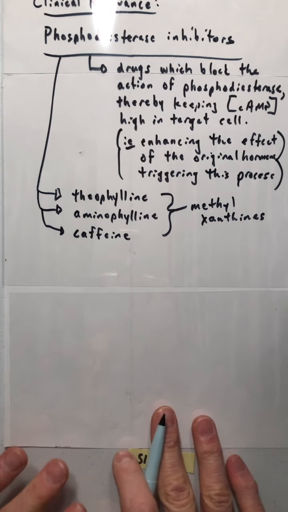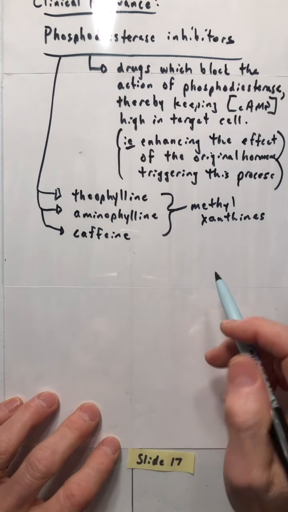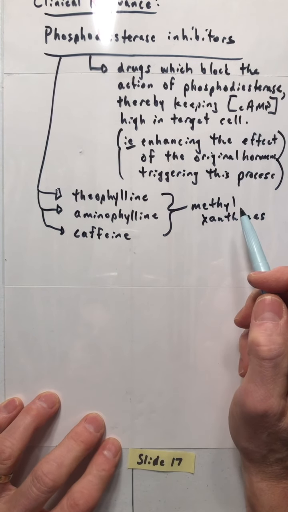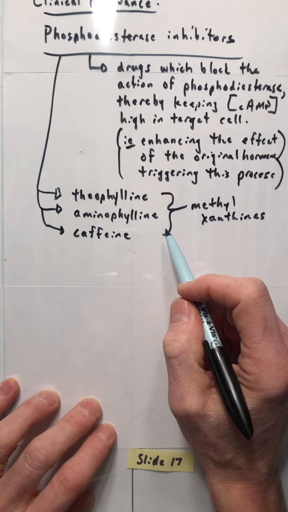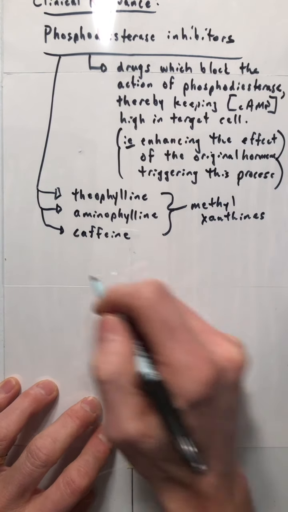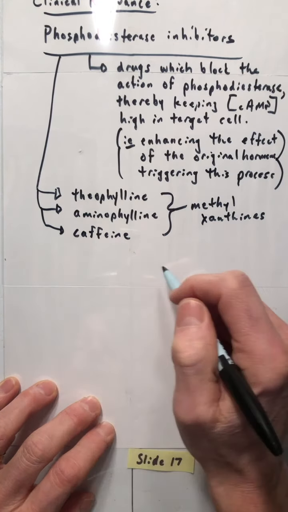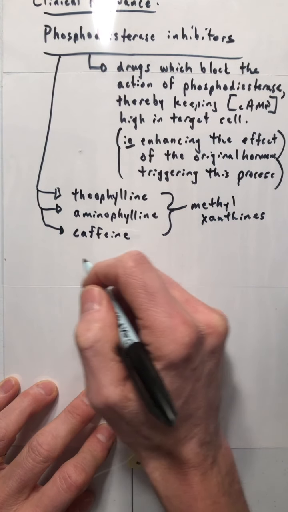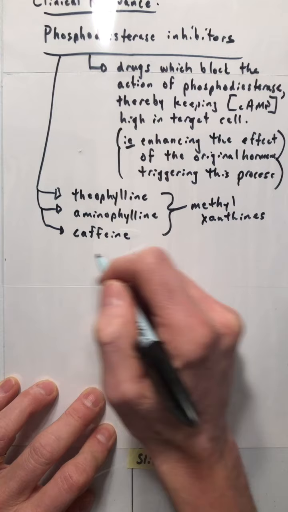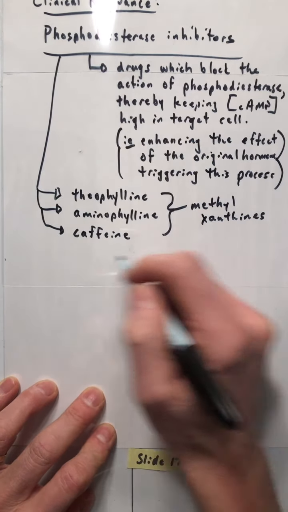So if you think about it, a hormone that uses the cyclic AMP second messenger system, its effects will be enhanced by these mechanisms. One such hormone is epinephrine. So these phosphodiesterase inhibitors, they work to enhance epinephrine's effects.